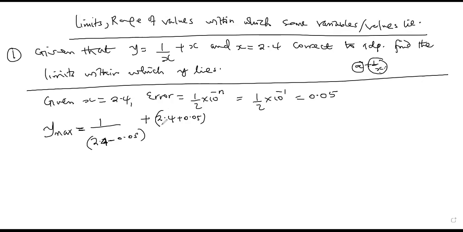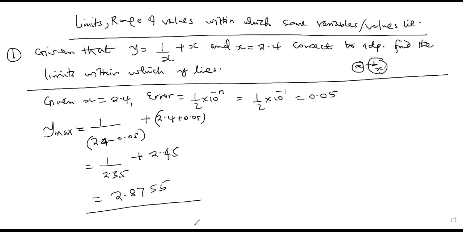This one will give you a maximum value. So it is going to be 1 over 2.35, then of course plus 2.45 here. So this one will bring you to 2.8755. That is the maximum value.